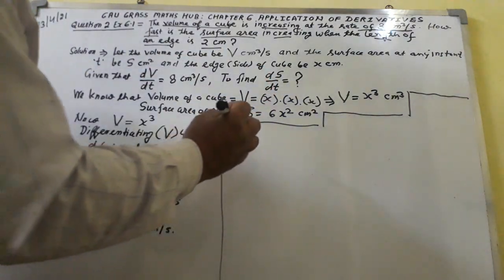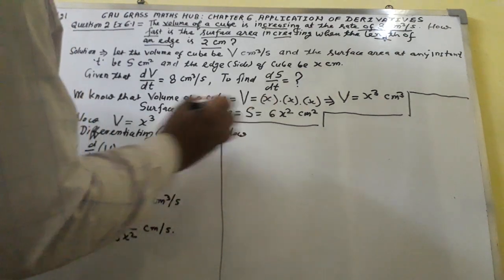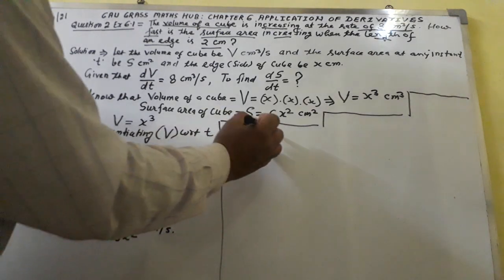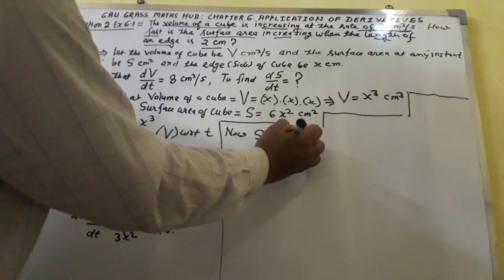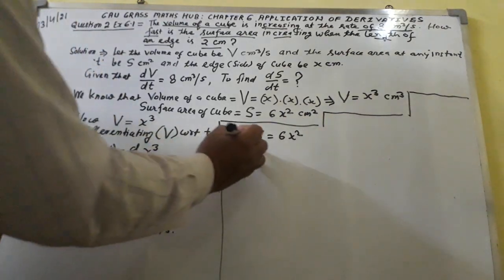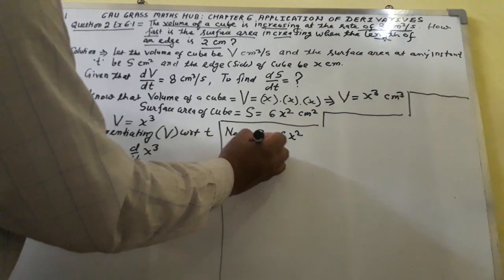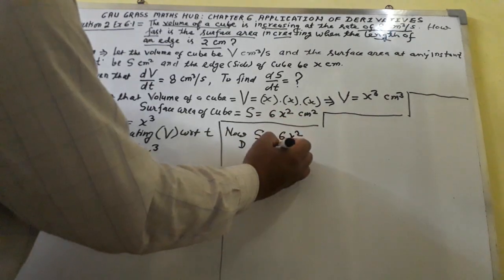So here I shall write now S is equal to 6x square with respect to t.